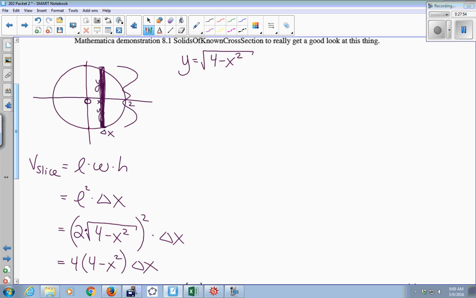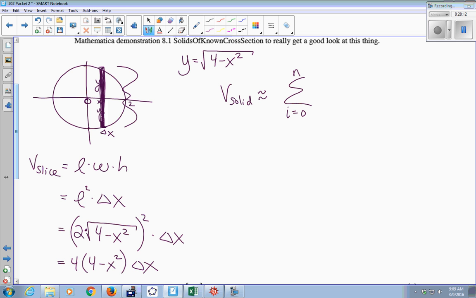All right, so the volume of the whole solid is approximately equal to what you get if you add up all of these squares. Let's go from i equals 0 to n. I'm going to have n squares.